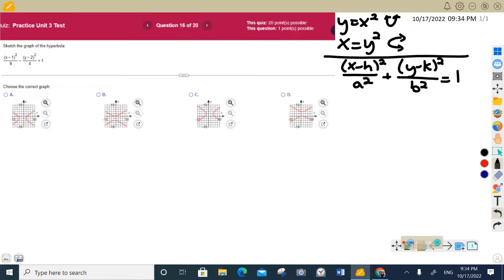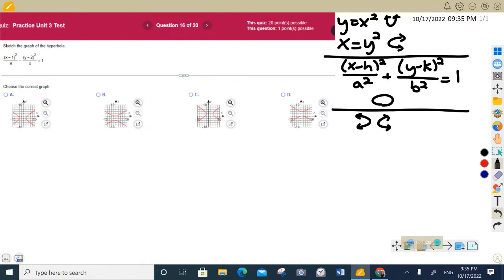Now, what you have is an x squared and a y squared. So when you just have one of those squared, it's a parabola. But if you have a parabola plus a parabola, it makes an ellipse. Okay? Well, if you have a parabola minus a parabola, that makes a hyperbola.